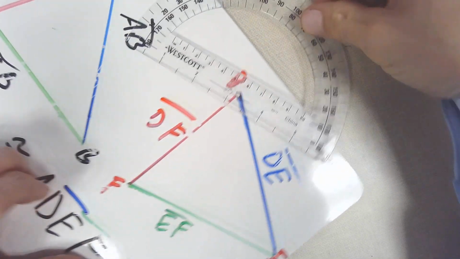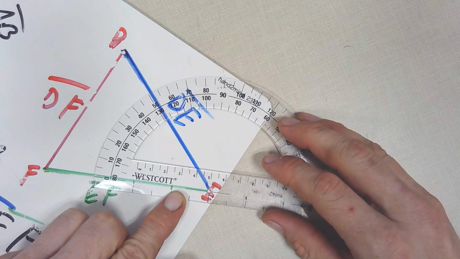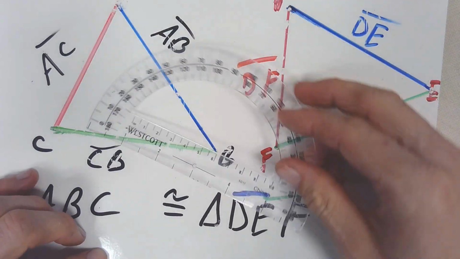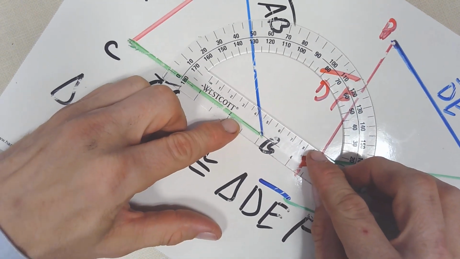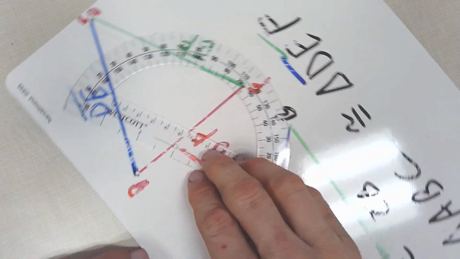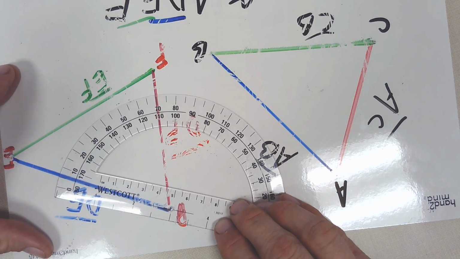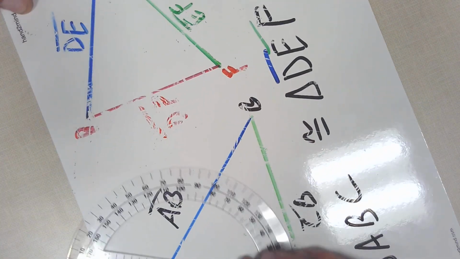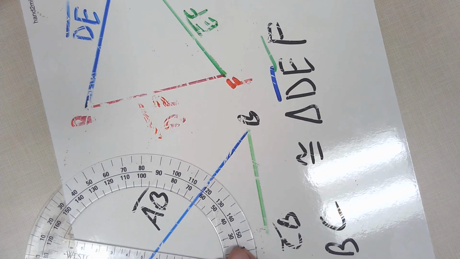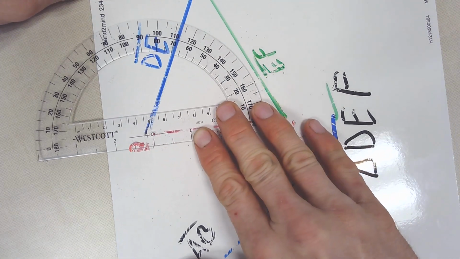The blue-green is about 50, and the red-blue is about 60, and this one was about the same there too. So now you can see that those angles were all about the same.